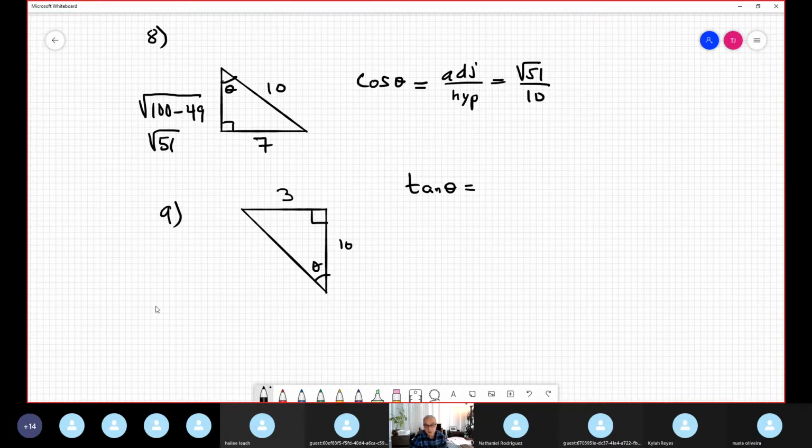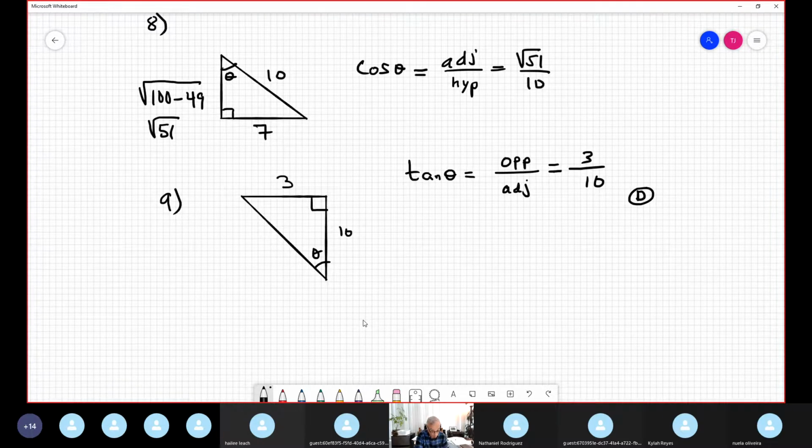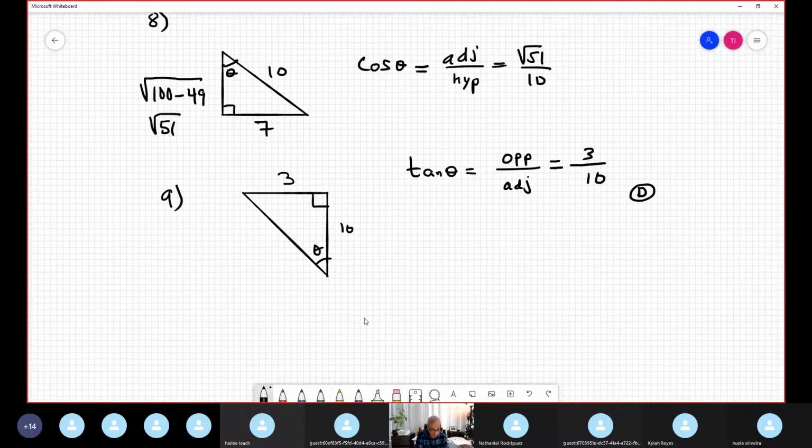Tangent by definition is the ratio between opposite and adjacent. The opposite is 3 and adjacent is 10. End of story. Wow, easy. Very easy. Option D. This test is easy. The second, no, but the first is super easy.